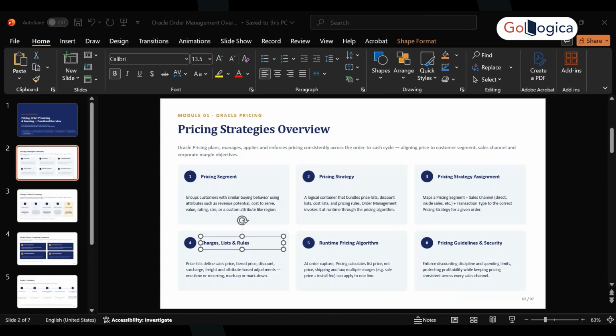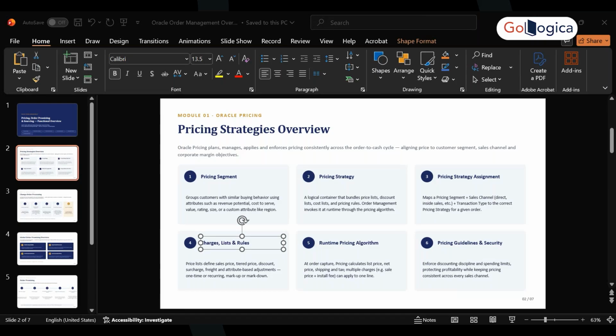For example, the organization may define separate strategies for online sales, distributor sales, or partner sales. Even if the same customer purchases the same product, Oracle may calculate a different price depending on the sales channel or transaction type. And this mechanism provides more flexibility while maintaining centralized pricing control.